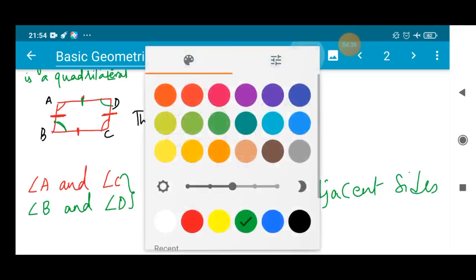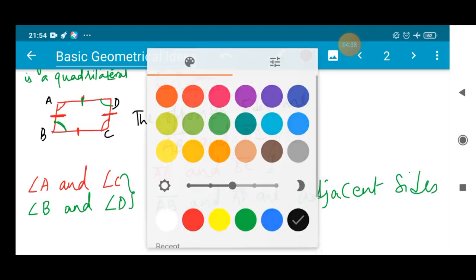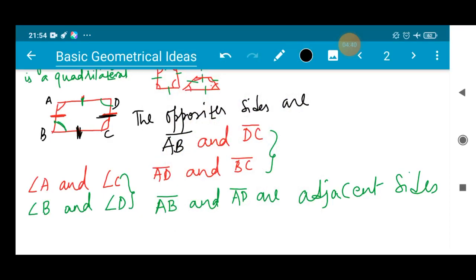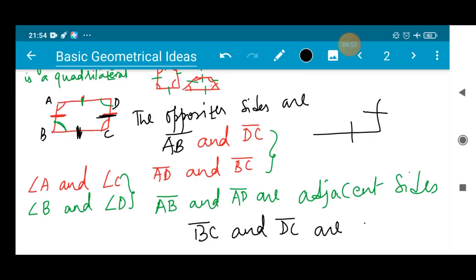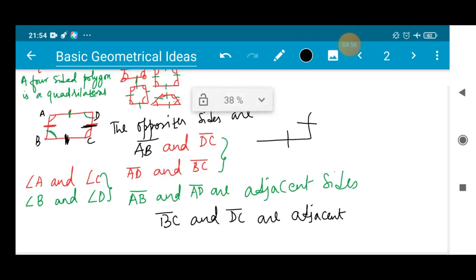Okay. Not only that, we also have another pair, BC and DC. Sorry, these are the adjacent sides, not opposite. So BC and DC are adjacent sides, right?